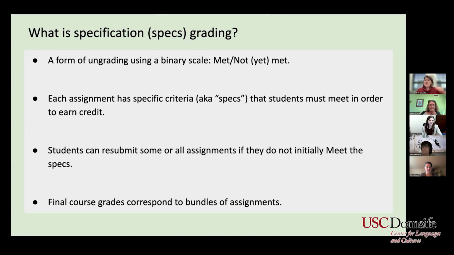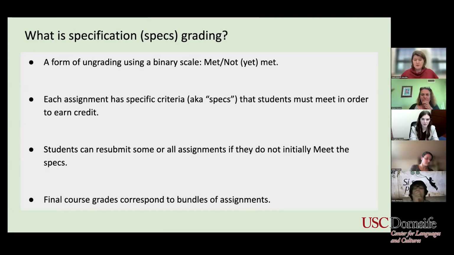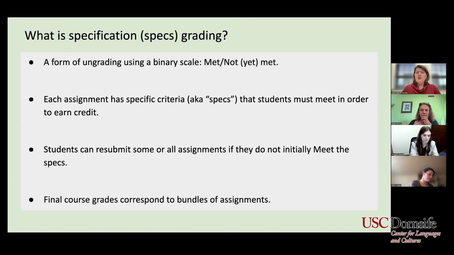And as long as they hit those specs, they earn credit for that assignment. Students can resubmit some or all assignments if they do not initially meet the specs. And then the final course grade that is submitted to the registrar is based on a bundle of assignments that are preset and determined. So those are the main characteristics of specs grading.